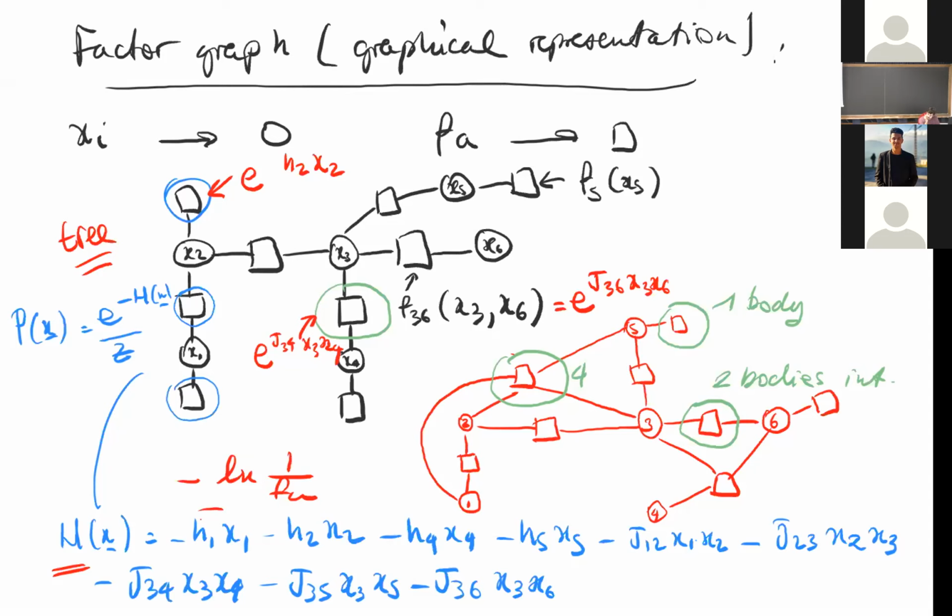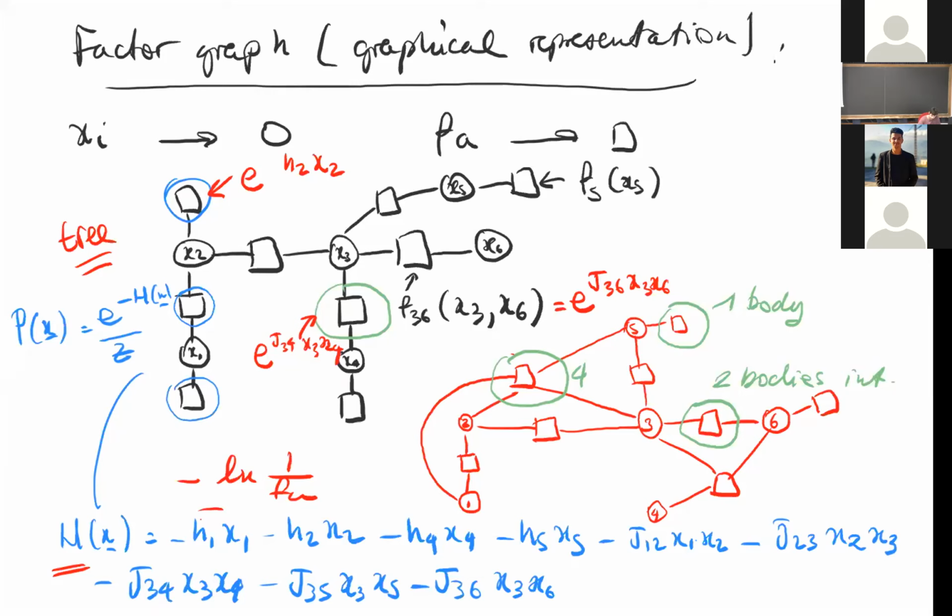I don't understand the question. So the factor of the interaction, the red factor graph, between 3 and 6. Okay, so this thing. And the factor among 3, 4, and 6, this one. If you have two boxes, it means you have two different functions.